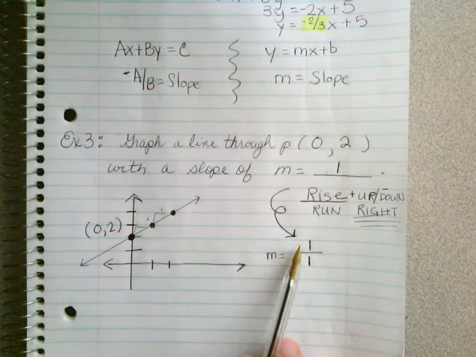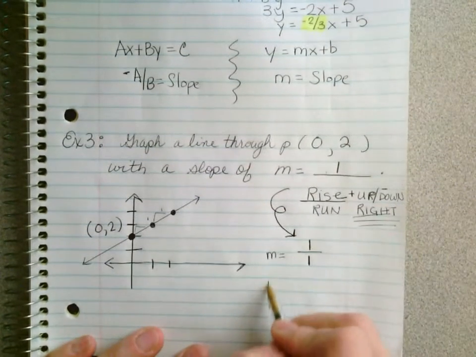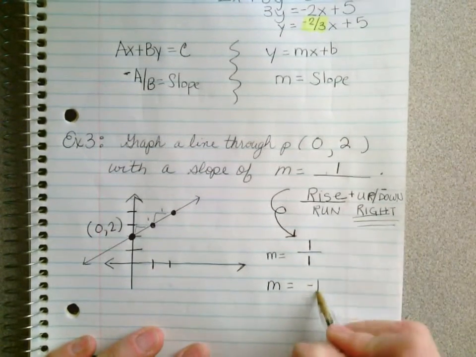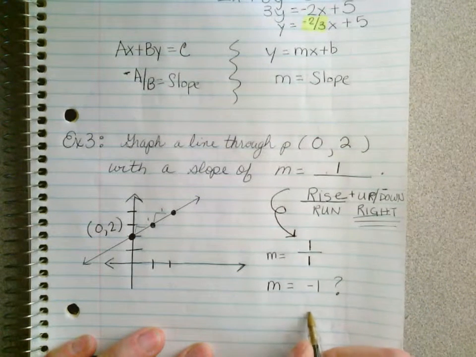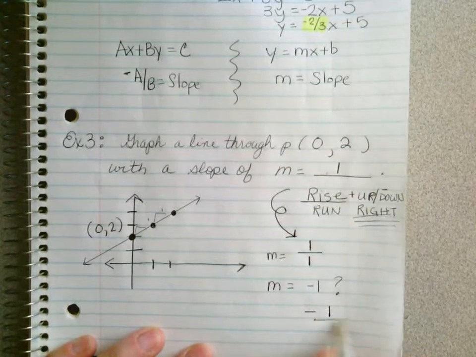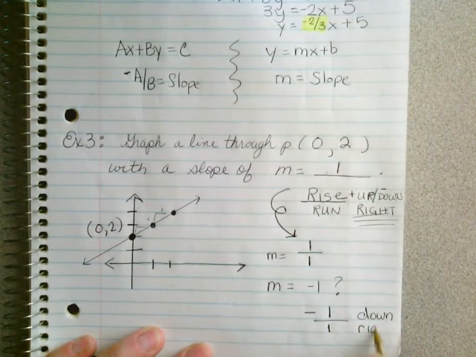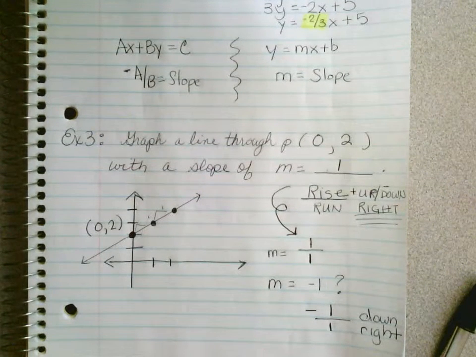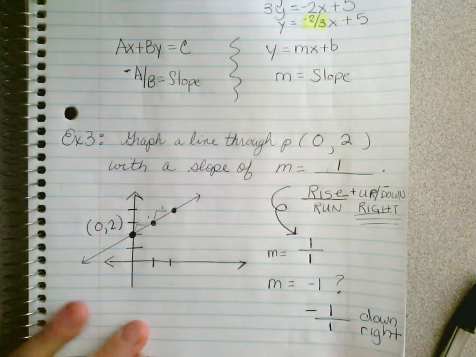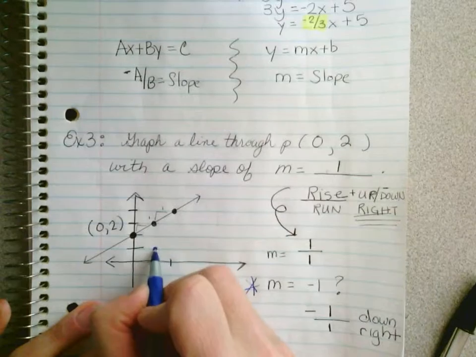If it were a negative 1, let's just say m is negative 1, what would that look like? Then you have to apply this and make it go down 1, but always right. Okay, so if I made a second example up, say using a blue pen, down 1.